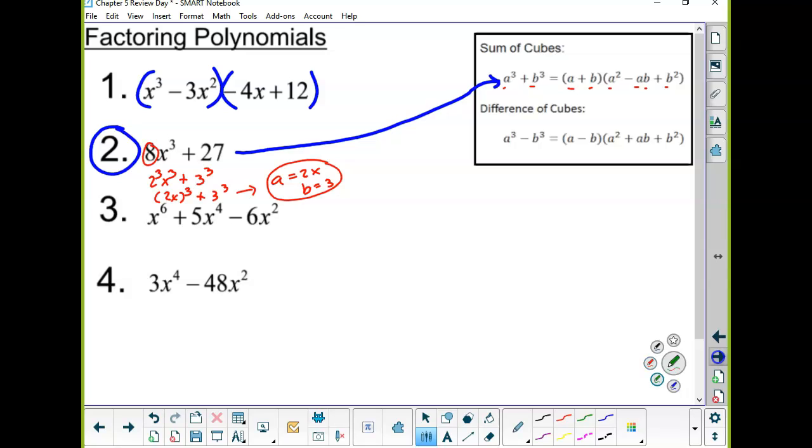The last two, think of how you can make your life easier. With this one, the way we want to approach this problem is they all have an x squared in common. And if you can pull that x squared out first, what's left over is something that's easier to factor.